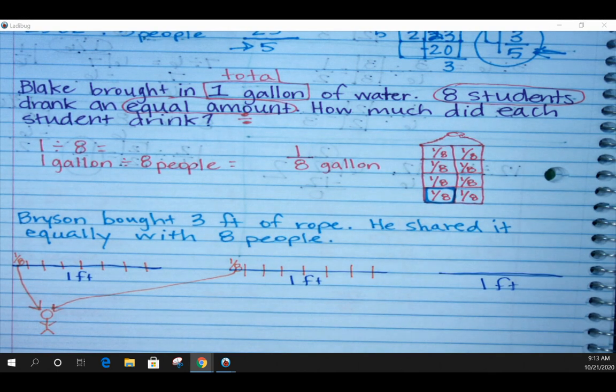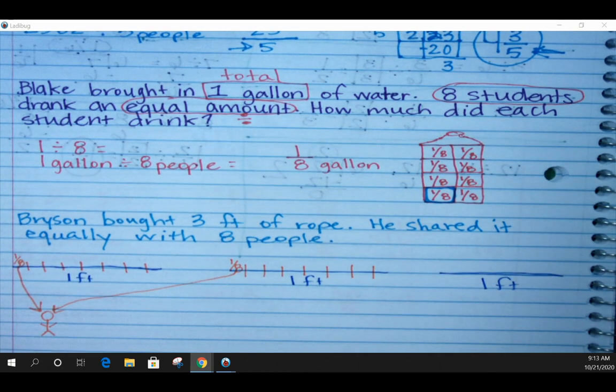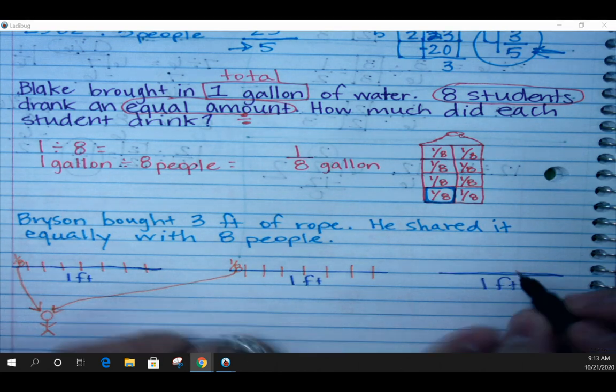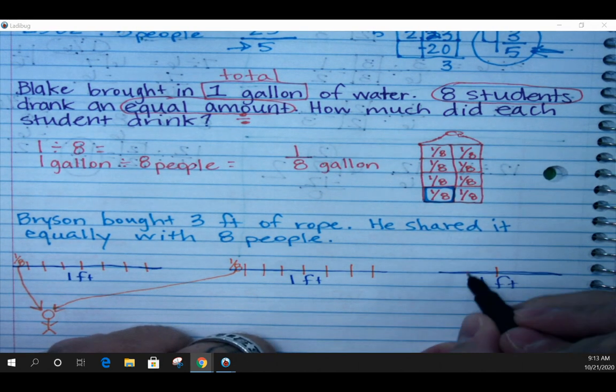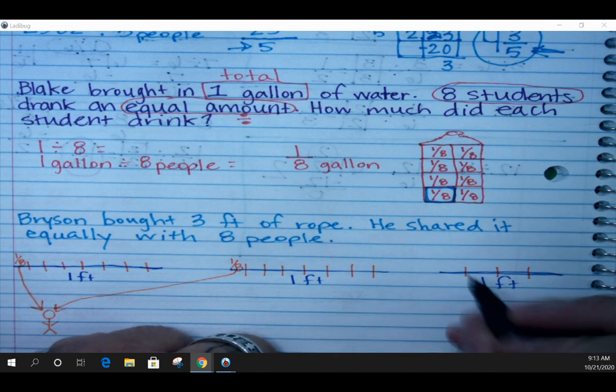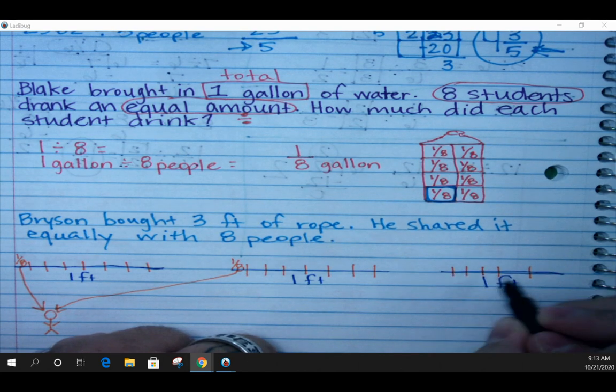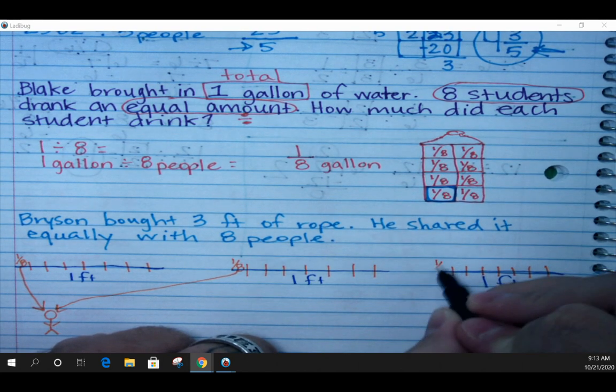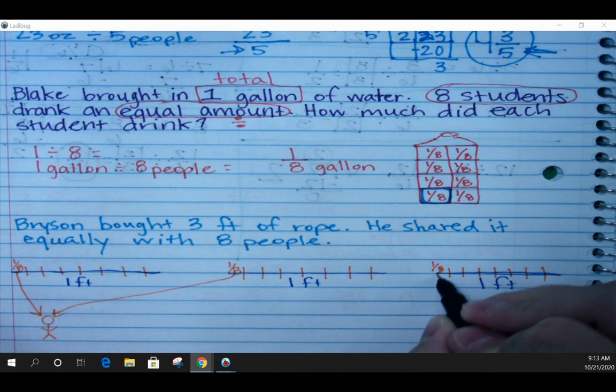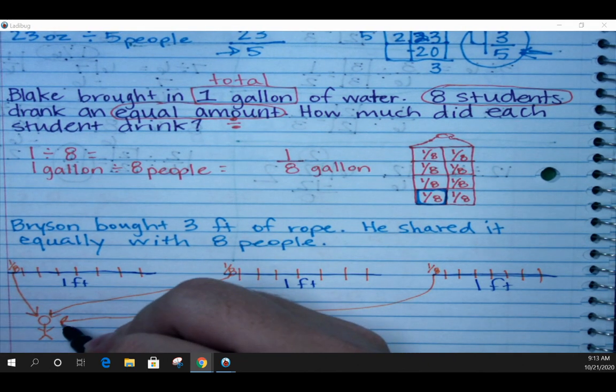So now person 1 has how many 8s? 2 8s. But there's another foot of rope. What do we have to cut it into? 8s. So we cut it in half, cut the half in half to make 4ths, cut the 4ths in half to make 8s. Here's an 1/8 of a foot of rope, and person number 1 gets an 1/8 of a foot of that one.